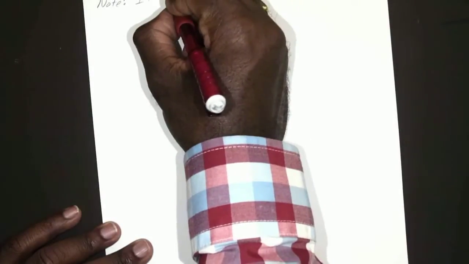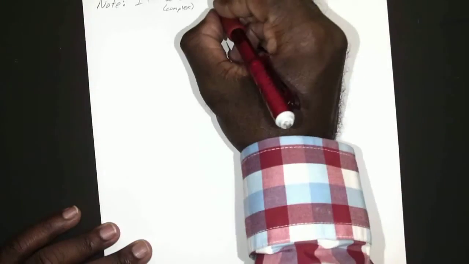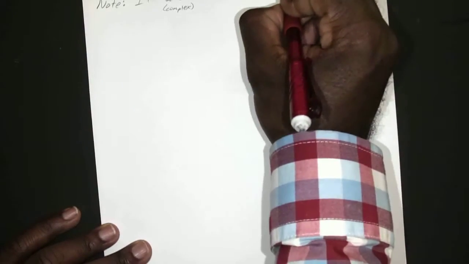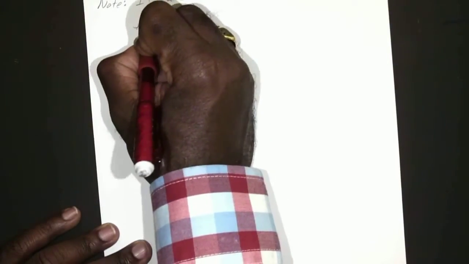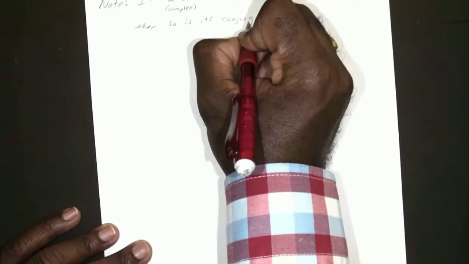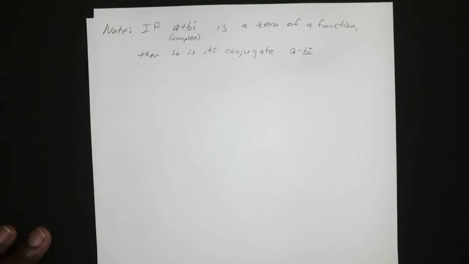If a plus bi, which is your complex number, is a zero of a function, then so is its conjugate, which is a minus bi. Remember, for the conjugate you're just changing the sign in front of the imaginary part.